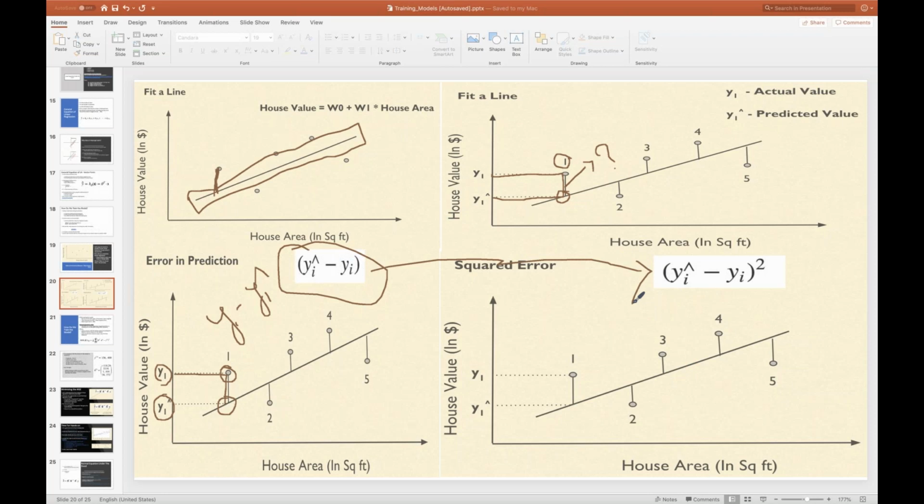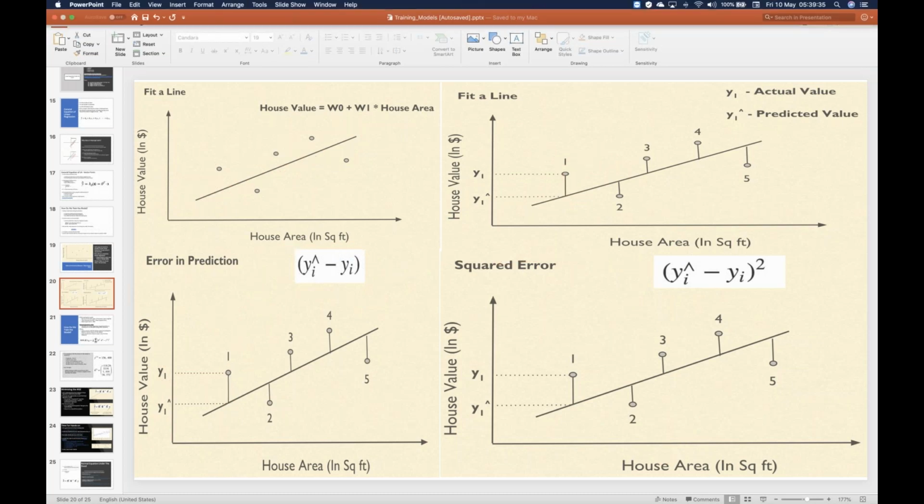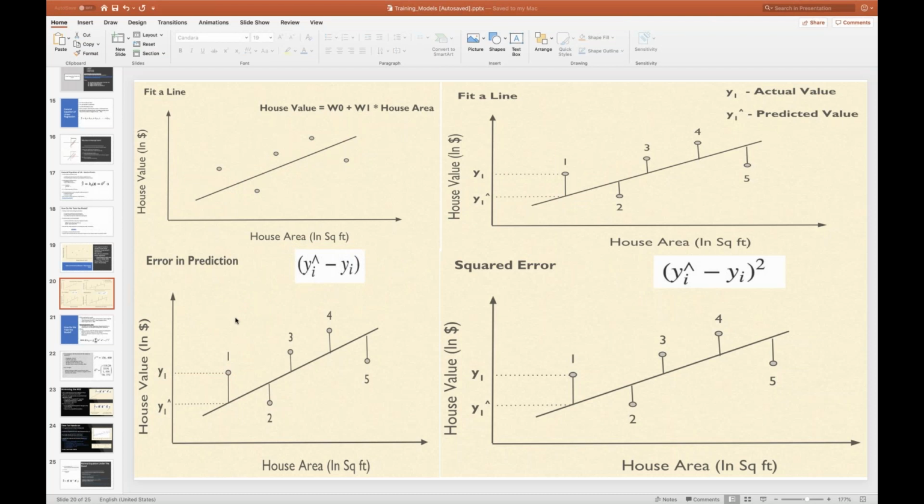MSE is mean square error and RMSE is root mean square error. So if you do MSE, mean square error, simply you are squaring the actual value minus the predicted value. Okay, again this is the same thing. Hope you got a clear sense of why we are doing it, what we are doing. If you have any questions, please feel free to ask me right now. Anyone? Any questions?